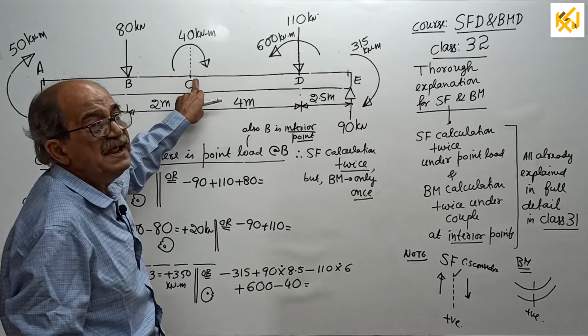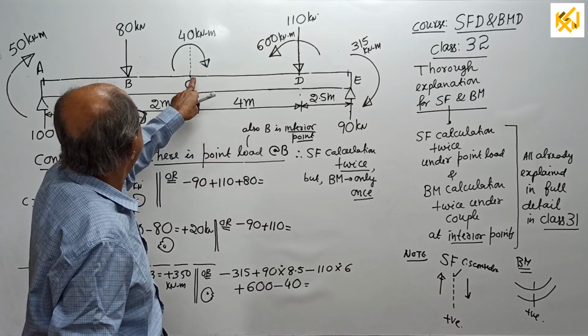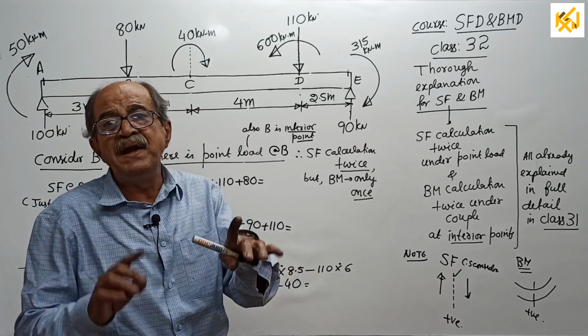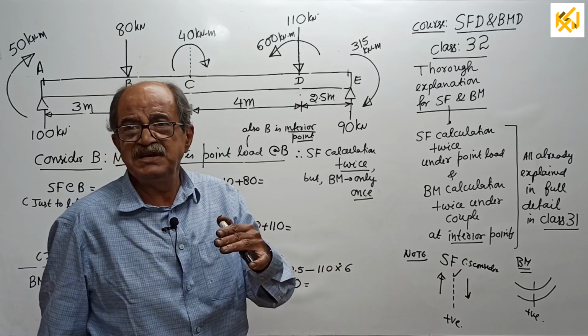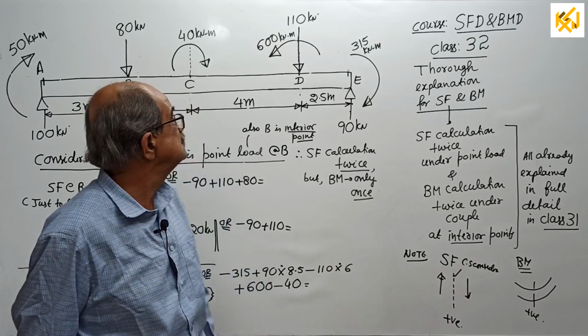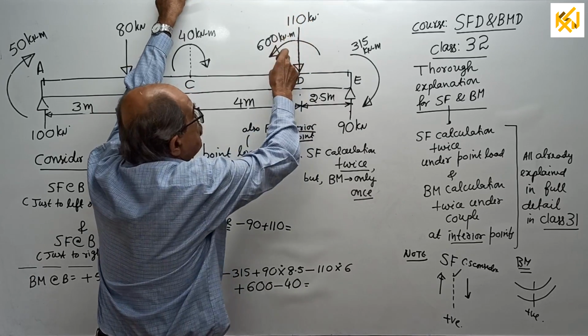At C, there is a couple. I will write next time, but won't explain once again. At C, there is a couple. Therefore, bending moment will be twice. Twice means once just to left, once just to right. But shear force only once. And at D, there is a point load and a couple, both are there.